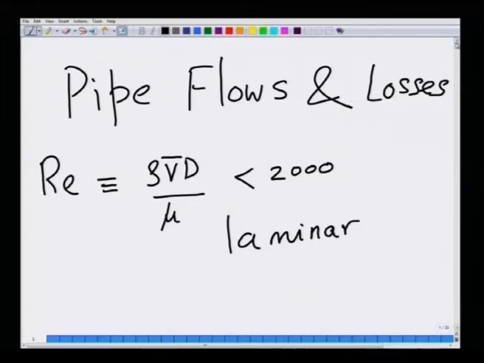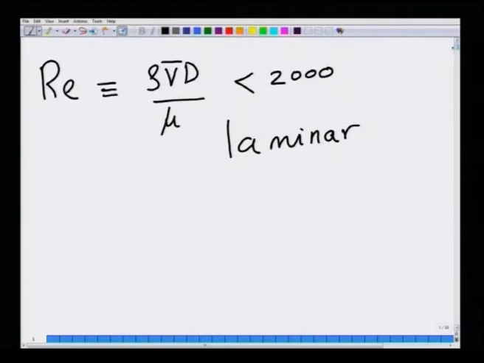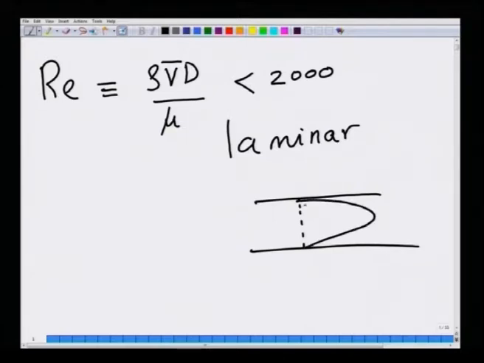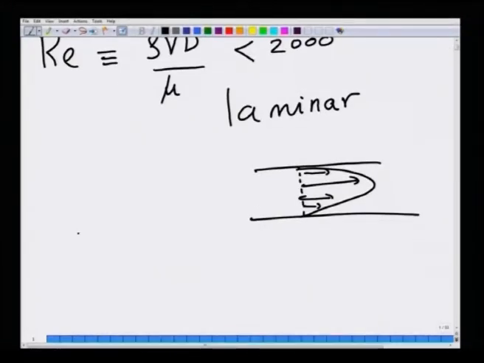Then we were able to solve for the velocity profile inside the pipe, and we showed that the velocity profile is actually parabolic. After having solved for the velocity profile, we found the relation between the pressure drop and the volumetric flow rate, and that was a very simple relation.